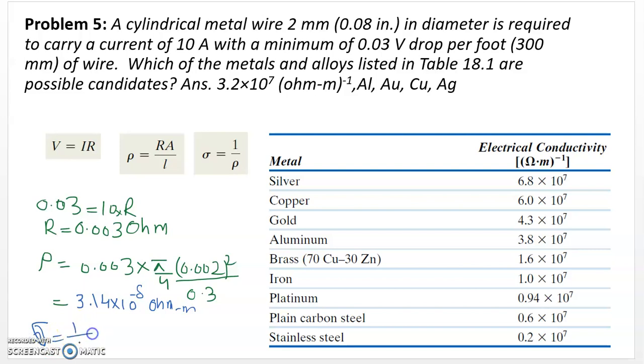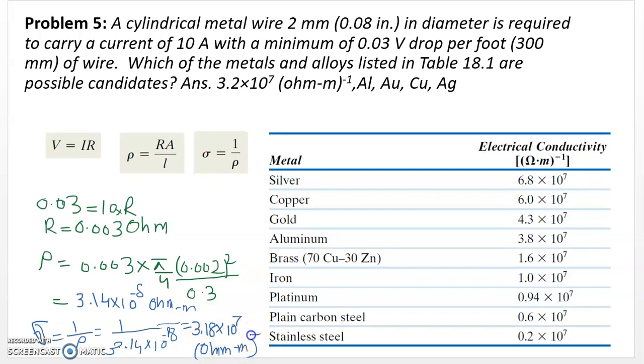The conductivity is sigma, equal to 1 over rho. So 1 over 3.14 into 10 to the power minus 8 is equal to 3.18 into 10 to the power 7 ohm meter inverse.